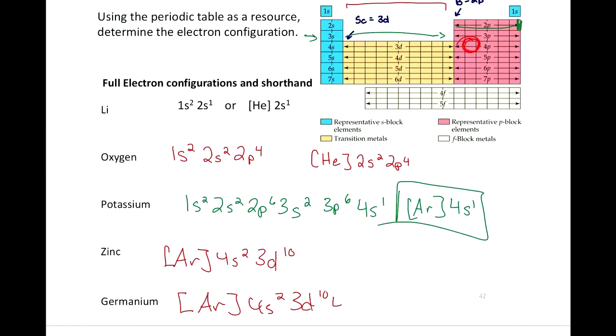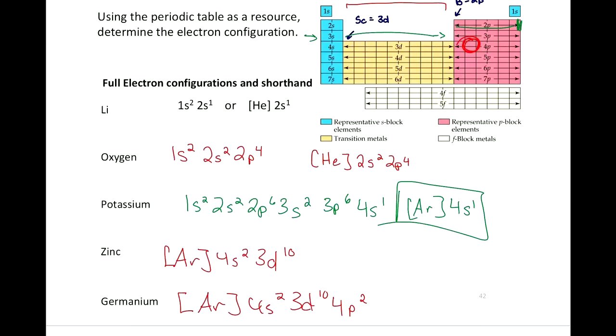I like to just memorize that boron starts at 2p, so aluminum is 3p, so gallium is 4p. That's how I get it, because when you start in the middle, it's kind of tricky, so I reference myself to the top of the group. So 4p, 2 electrons to get to gallium. That's how we use the periodic table to get electron configurations.